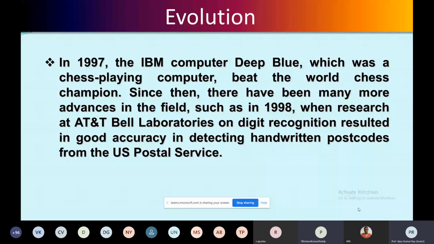And since this was for the first time, we will talk about lots of such programs which have been written since then, and which could defeat a lot of grandmasters anywhere. So there have been a lot of developments or advancements from 1997, 98 onwards.